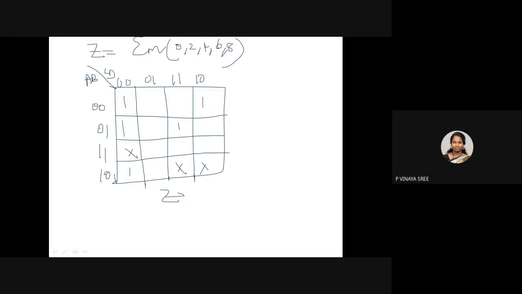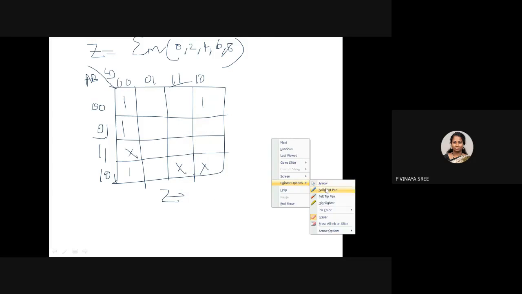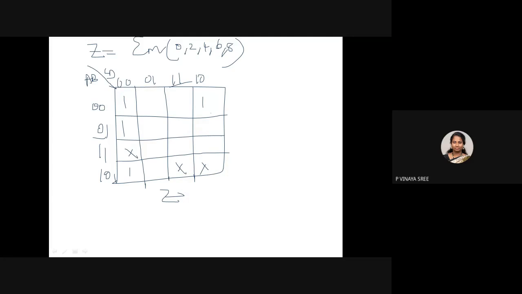Wait, the 6 position is wrong. 0, 1, 1, 1 is 7, okay. So I will erase. 0, 1, 1, 0 is your 6, so I'm placing it here. And remaining all are don't cares.